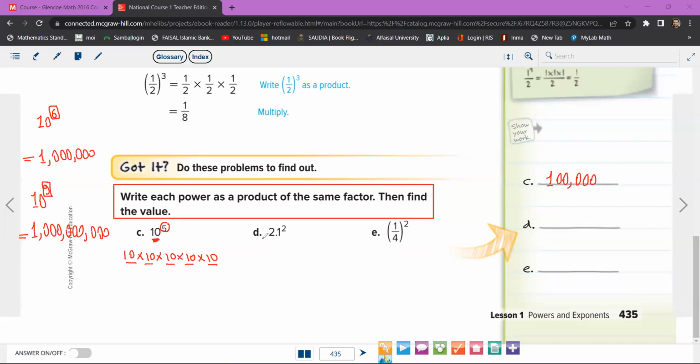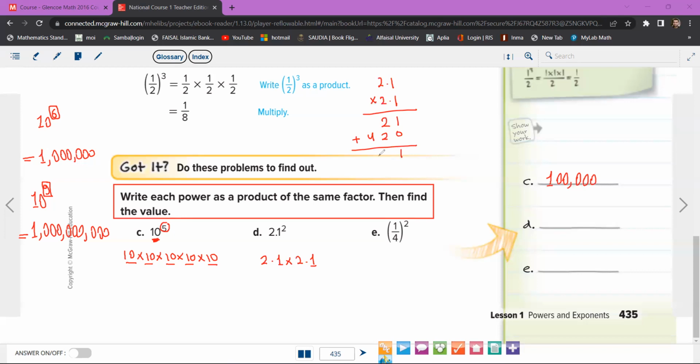Now, problem D. 2.1 to the power of 2 means 2.1 multiplied by 2.1. Let's do normal multiplication, then we put the decimal point after 2 digits. 1 times 1 is 1, 1 by 2 is 2, put 0, 2 by 1 is 2, 2 by 2 is 4, then add.